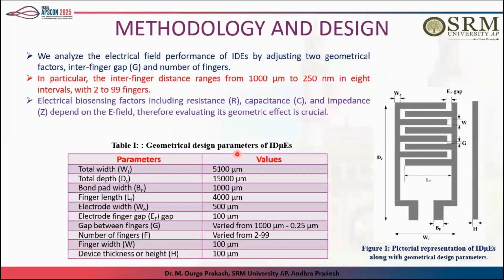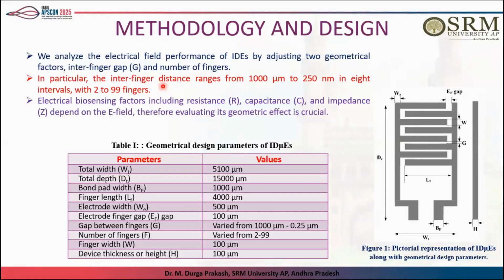This is the methodology and design: the interdigitated microelectrodes we designed according to the design parameters and the values we used. Particularly, we analyzed the electric field performance of interdigitated microelectrodes by adjusting two geometrical factors, the interfringe gap G and the number of fringes.